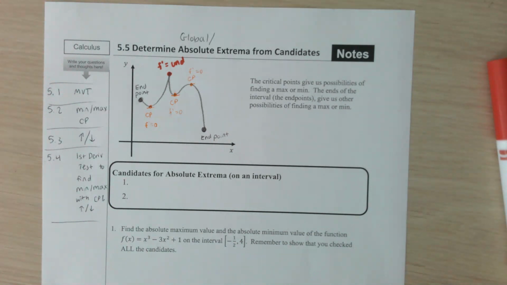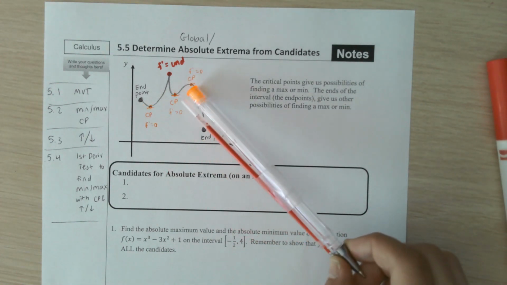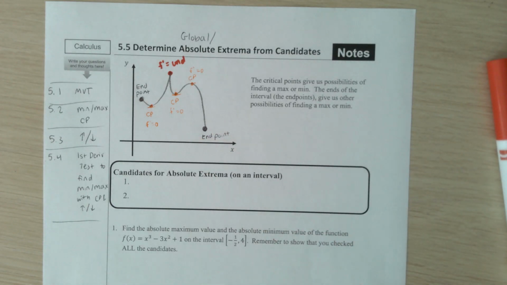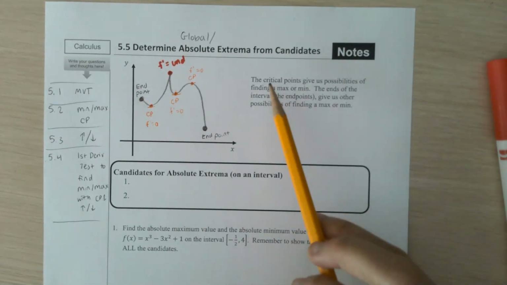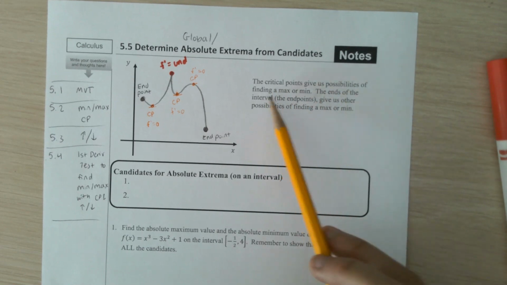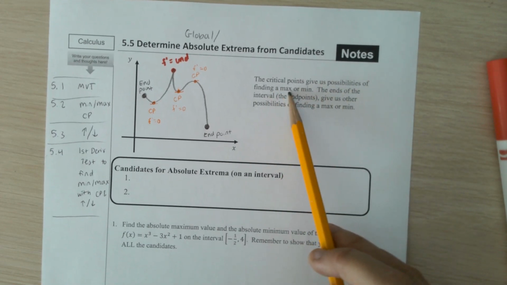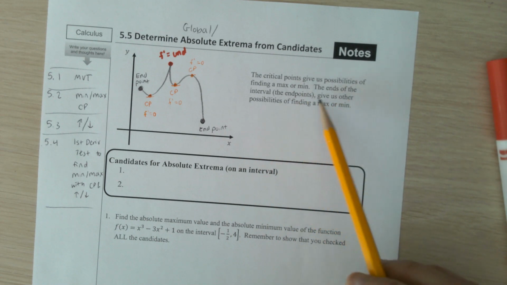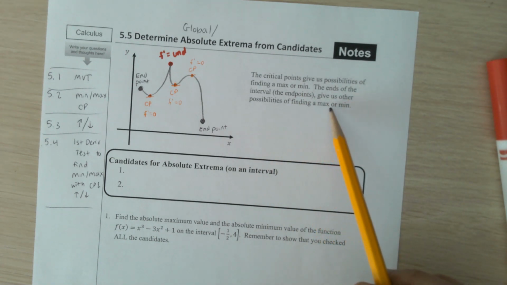I could say we have a minimum, a maximum, and then our endpoints. But obviously we're going to throw a little calculus twist into it. Okay, so it says the critical points give us possibilities of finding a max or min, right? We learned that in 5.4. The endpoints, the ends of the interval, give us other possibilities of finding a max or min. So that's sort of like a 5.2 lesson.